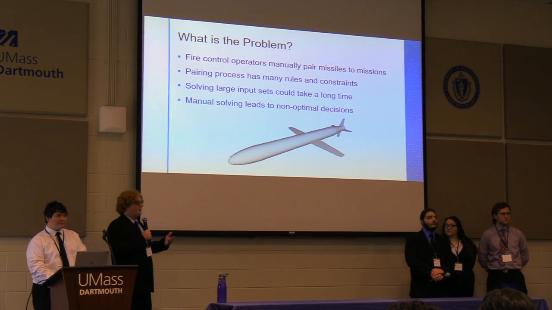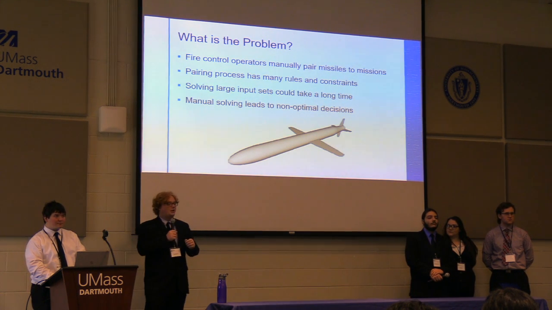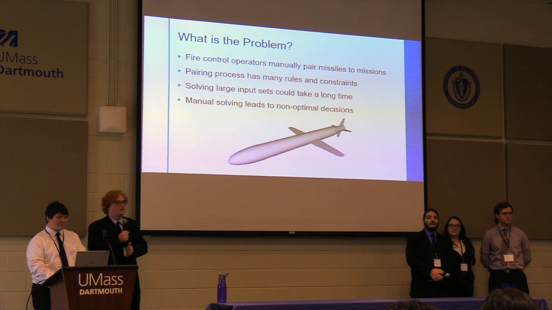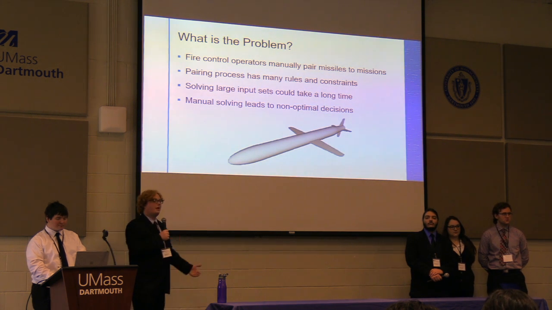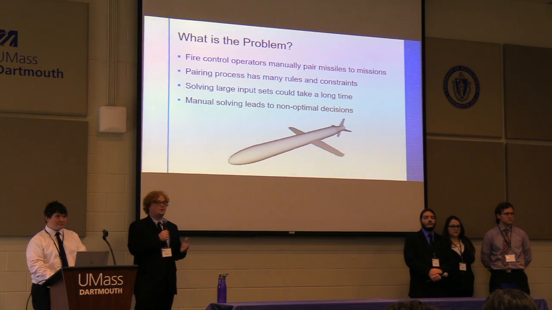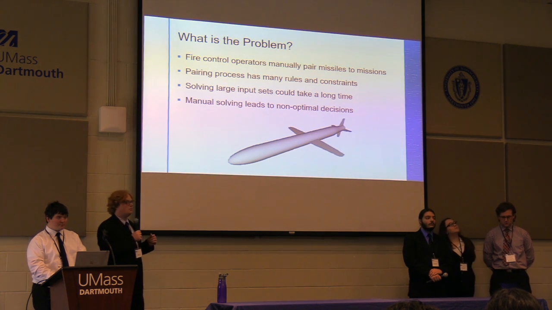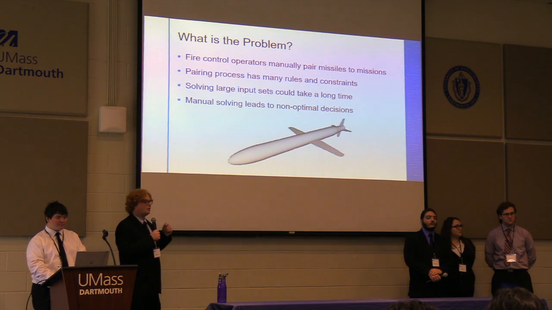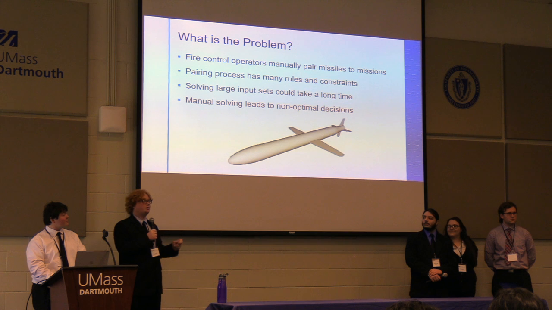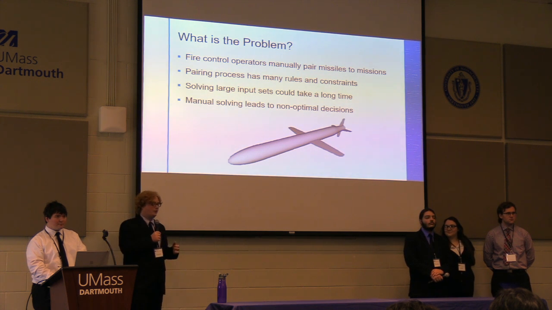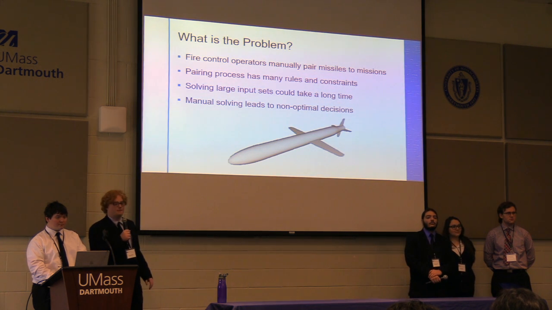Say, for example, the very first missile you pair is the best for the last mission you look at. Now you have to go back and redo some of the pairings, which then causes even more time to be taken out. Our program aims to make this decision as quickly as possible while using up as little time as possible.